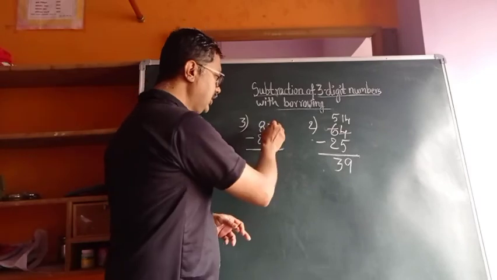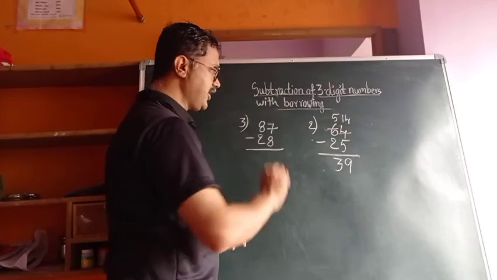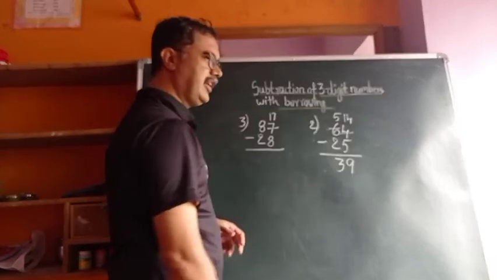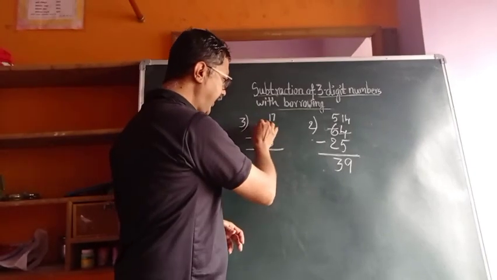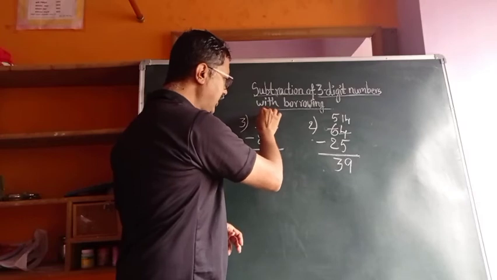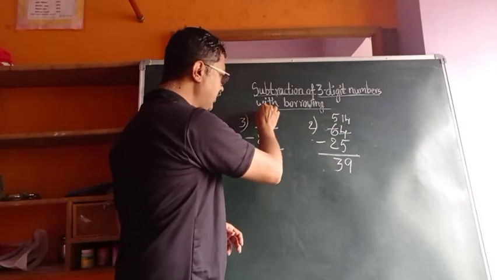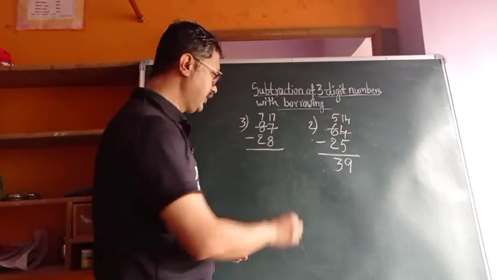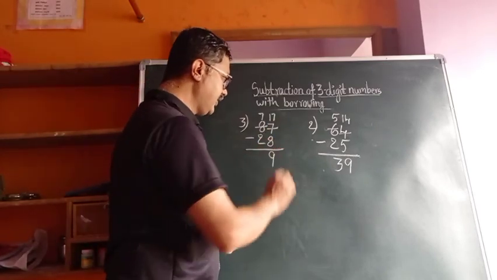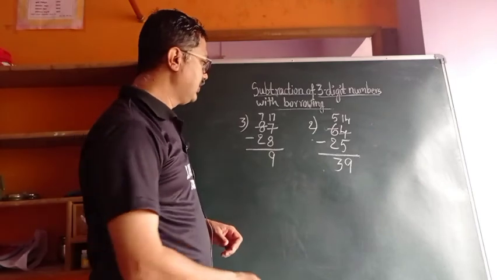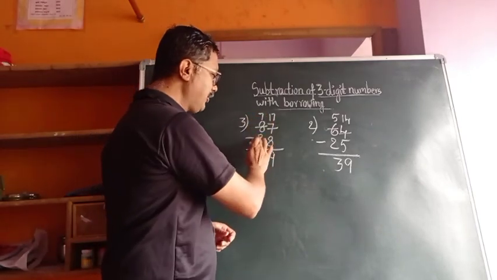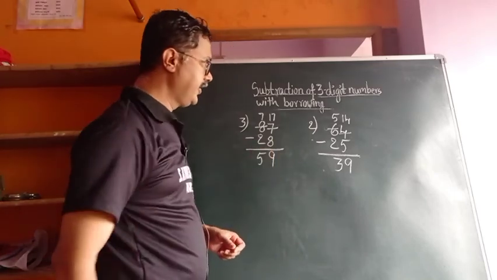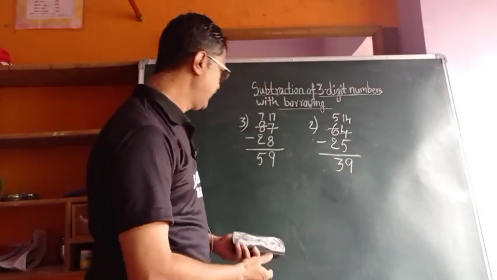Here also the upside number 7 is there, strike it out and write 17, and the next number also has to be struck out and the new number written, that is 7. Now 17 minus 8 is 9. 7 minus 2 is 5.